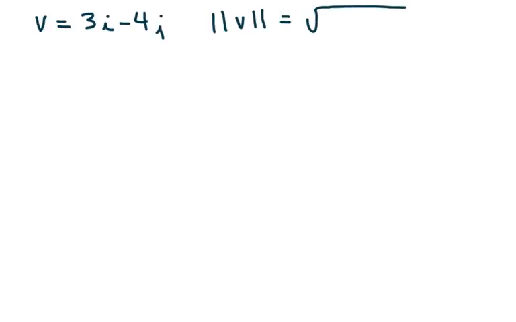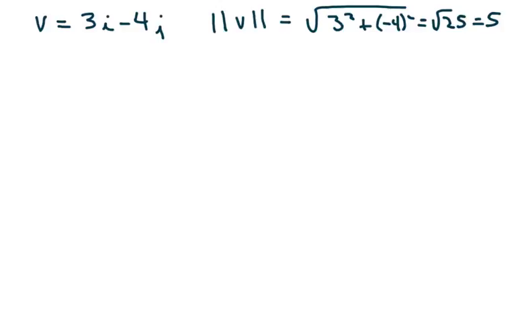So for the first one, we have v equals 3i minus 4j, and I want to find the magnitude of v. Basically, that's just going to equal the square root of 3 squared plus negative 4 squared, which equals the square root of 25, which equals 5.